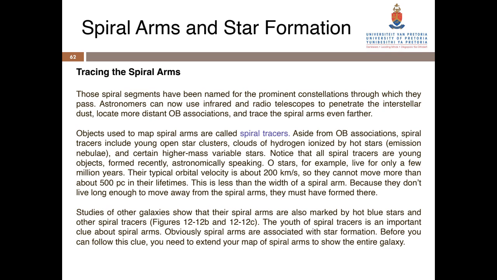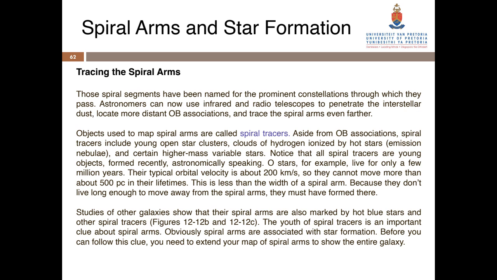Those spiral segments have been named for the prominent constellations through which they pass. Astronomers can now use infrared and radio telescopes to penetrate the interstellar dust, locate more distant OB associations, and trace the spiral arms even further.